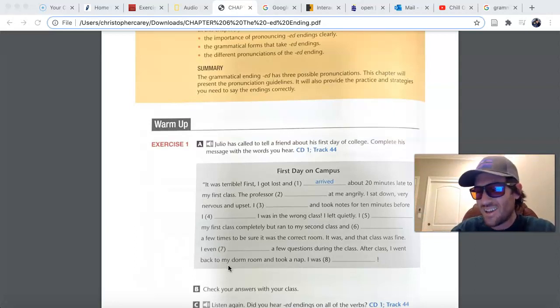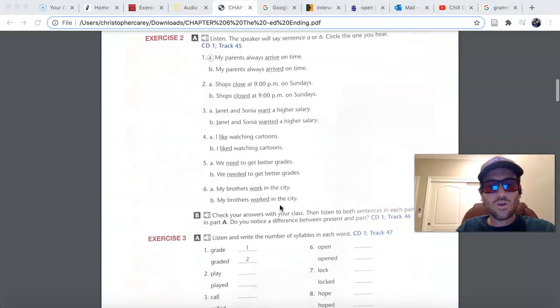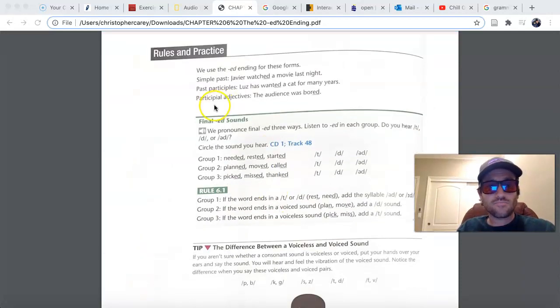Exhausted all of my savings. So it could be simple past tense, but it could also be a past participle adjective. Past participle used as an adjective, in this case describing my feeling. So ED as a grammatical form can also be used as an adjective, what we call participle adjectives.